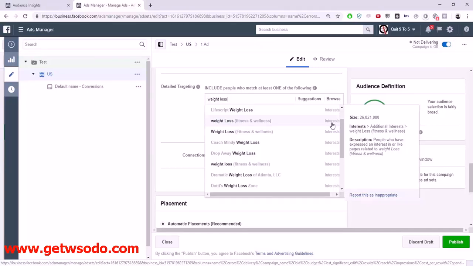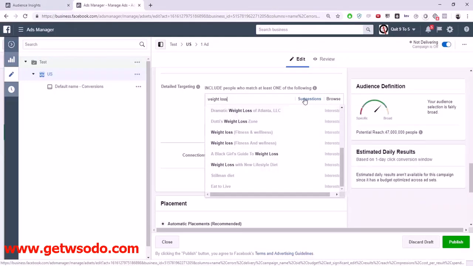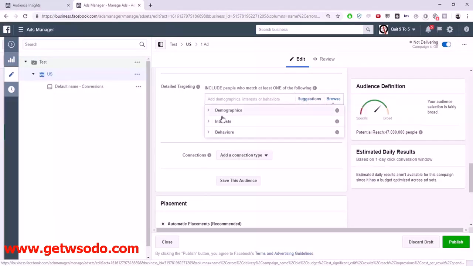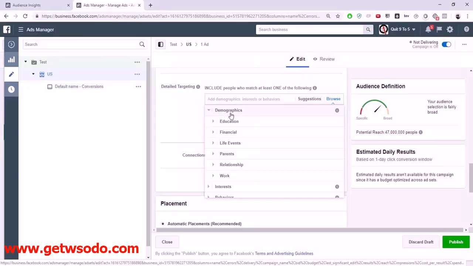They actually put a cookie on your computer that tracks absolutely everything that you do. So all of its users are super cookied, and they're tracking exactly all of your movements on the internet. So if you're typing weight loss into Google a bunch, or going to a bunch of weight loss related pages, Facebook is going to sort you into the group that says weight loss is an interest of yours.